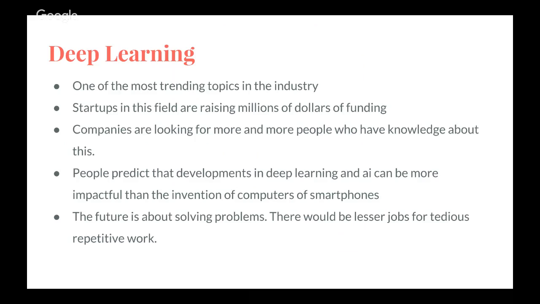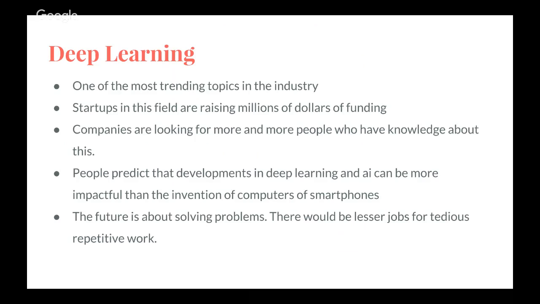The next big thing is going to be in AI, deep learning, machine learning. That's what people are predicting. And this would impact us in a lot of ways. Our jobs, the way we use computers, the way we use technology, it would all be affected because of the developments in this domain.